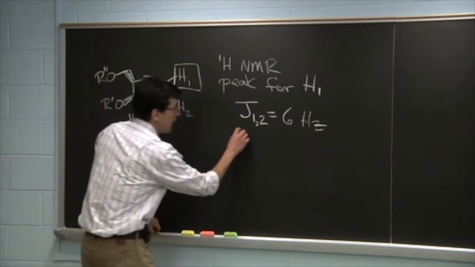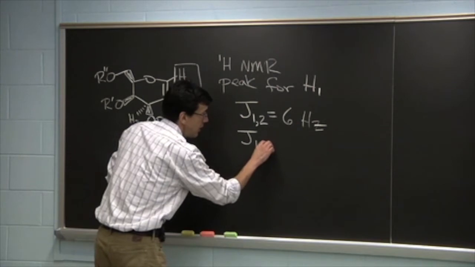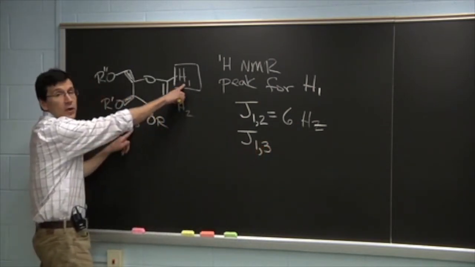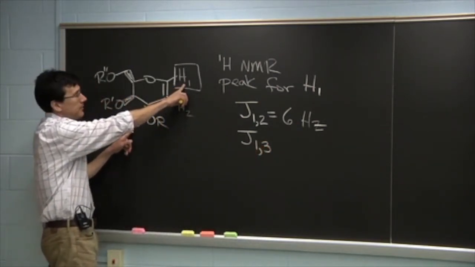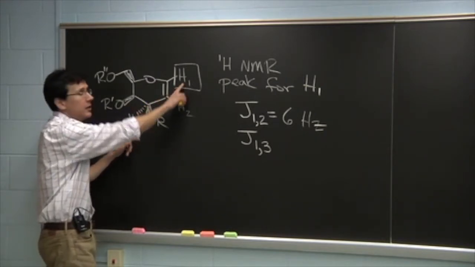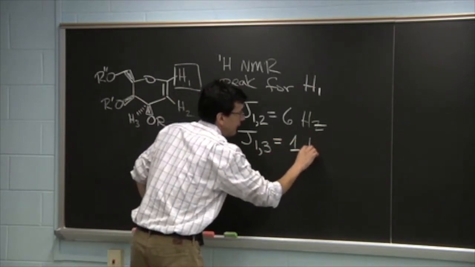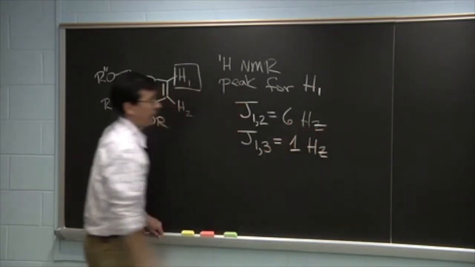So there does turn out to be a coupling constant between hydrogen 1 and hydrogen 3, even though they're 4 bonds away from each other. As we might expect, that's not a very big coupling. So it's about, in this particular case, let's say, 1 hertz.